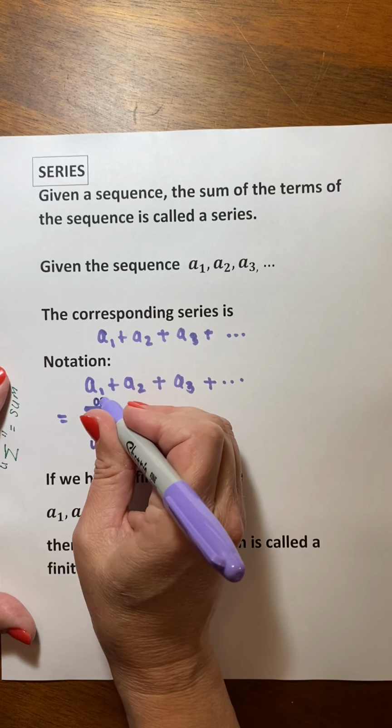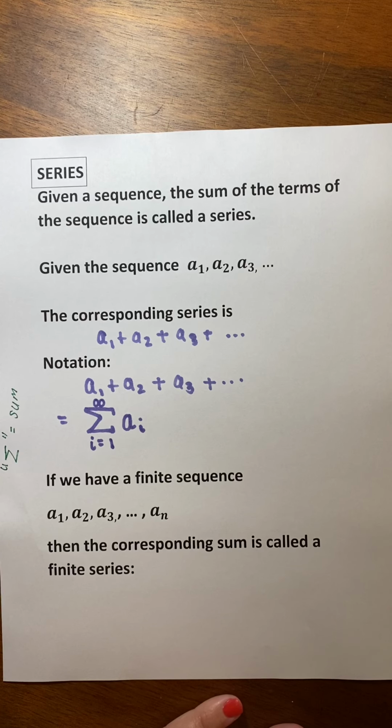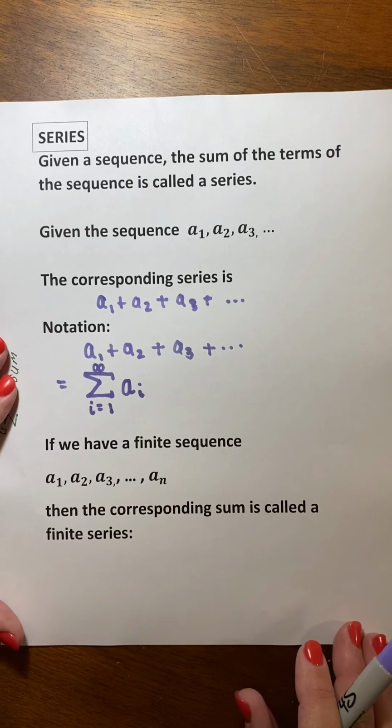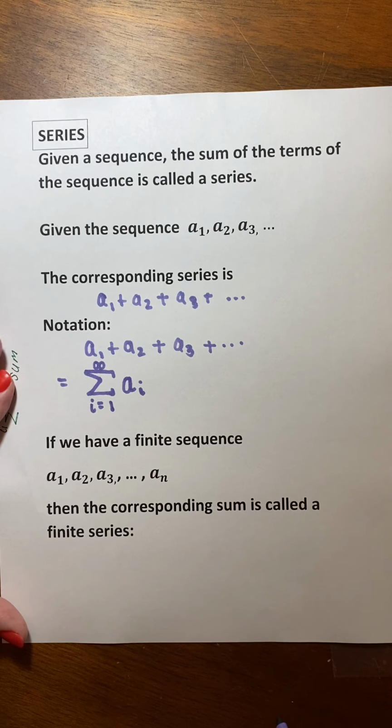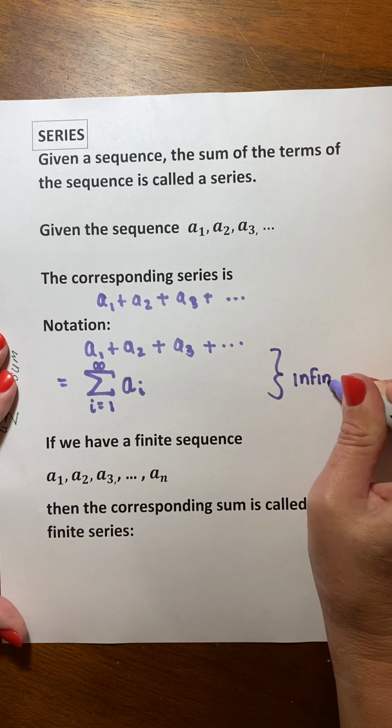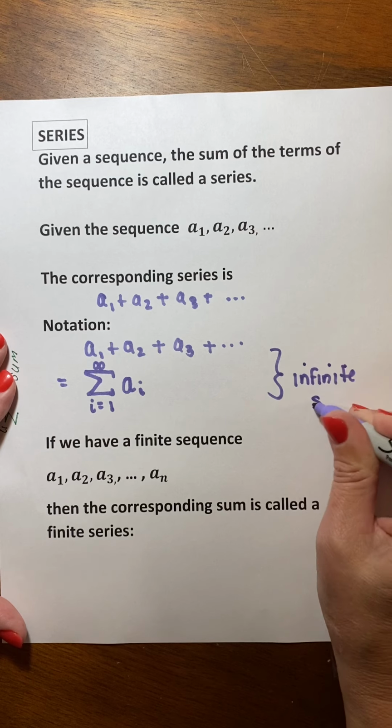If it's an infinite series, we put infinity on top. If we have a finite sequence, it stops at some point, then the corresponding sum is called a finite series. So this would be an infinite series.